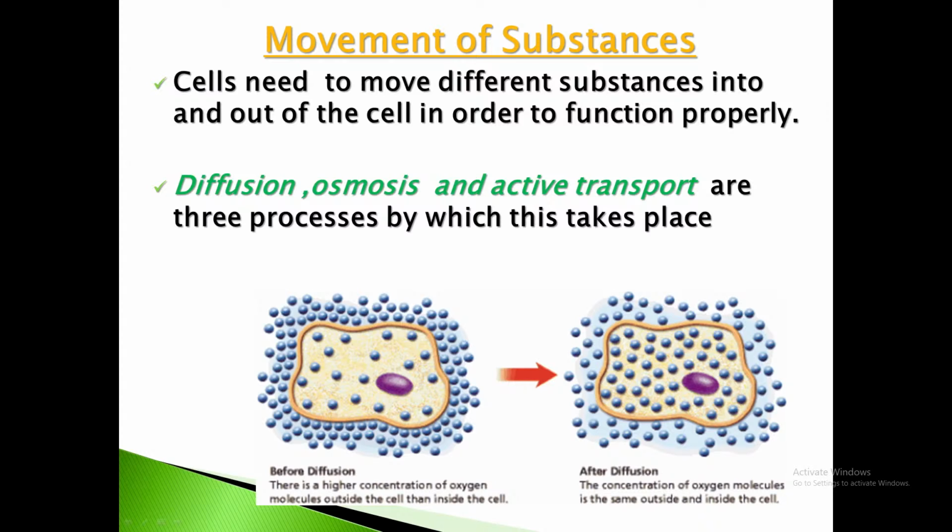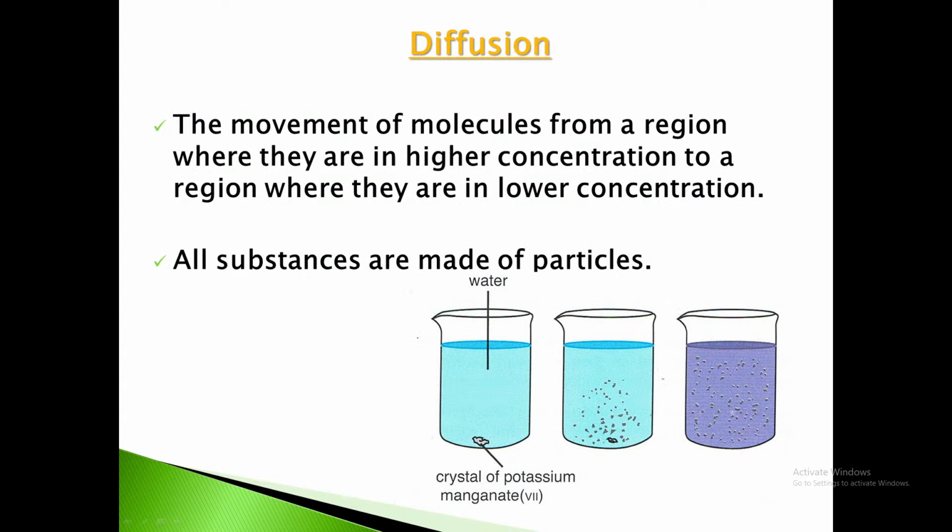So that's the first concept that you need to know in terms of movement of substances that should go in or out of the cell. So we have three ways, which of course we'll be looking at individually.